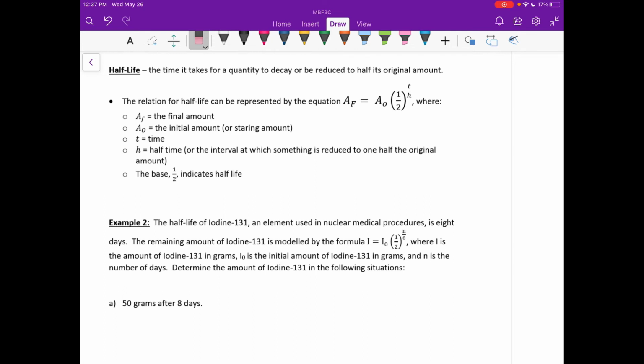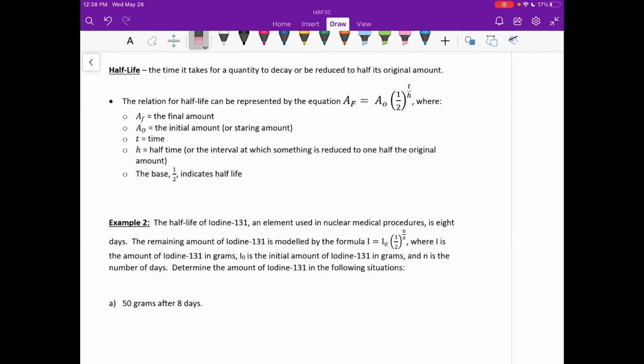After half an hour, I'll have half the original amount. If I started with 30 grams, I'll have 15 grams left, then half of the 15 left, which is 7.5, and you'll just keep halving. You won't ever get to 0. You'll just get very, very close to 0.